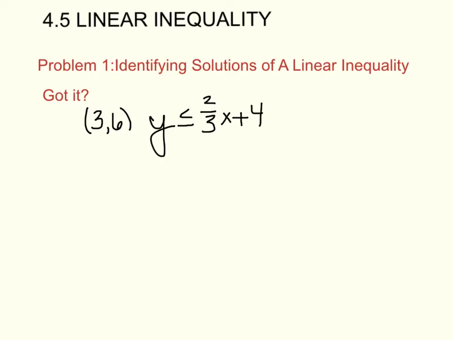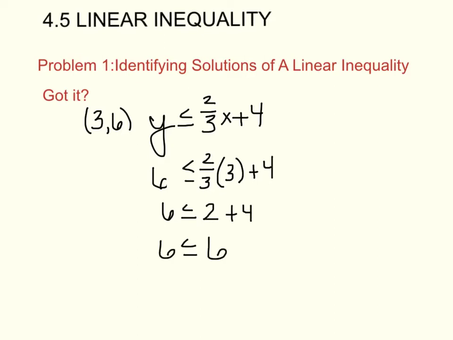All we do is plug it in. 6 is less than or equal to 2/3 times 3 plus 4. 6 is less than or equal to, 2/3 times 3 is 2, plus 4. 6 is less than or equal to 6. 6 is equal to itself, so this is true. So is it a solution? Yes. And why? Because it makes the inequality true.